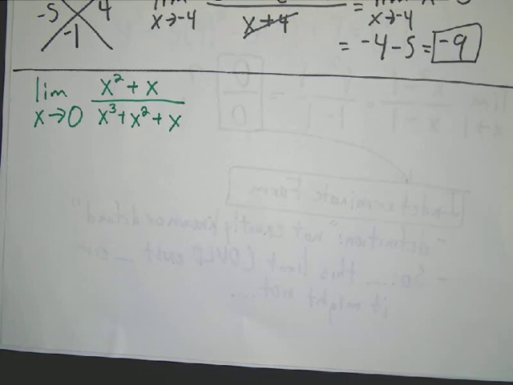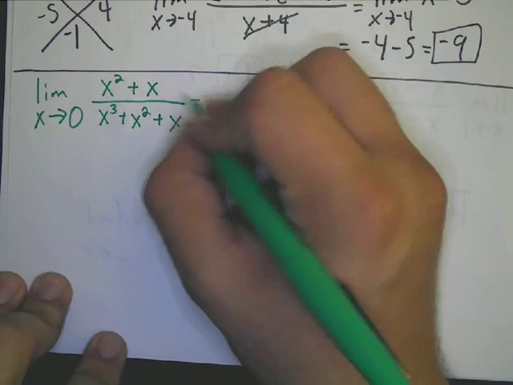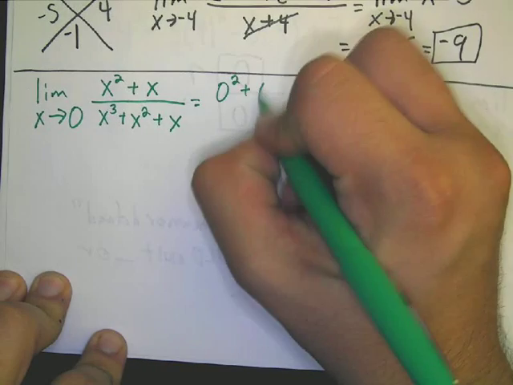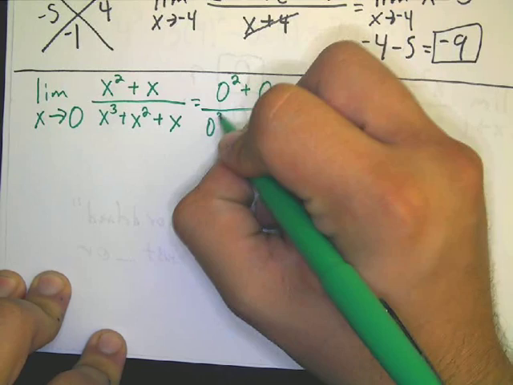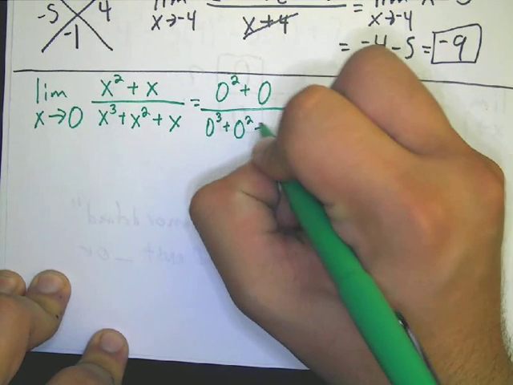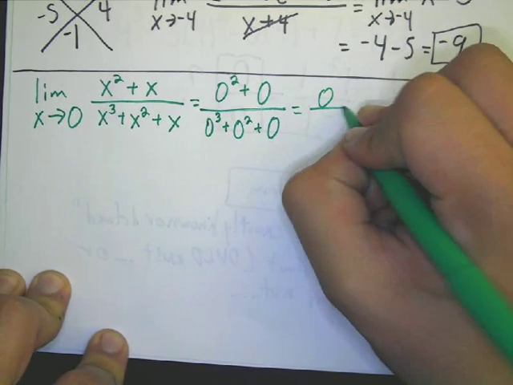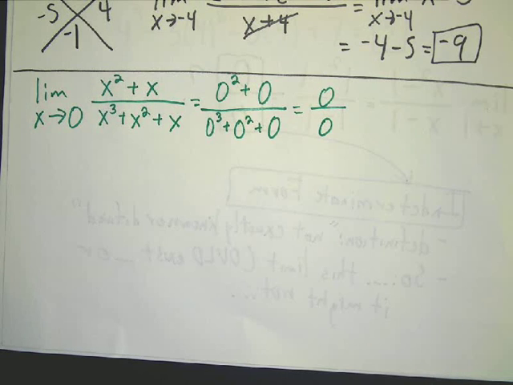So this should be pretty obvious. When I plug 0 in, what happens? Indeterminate. Everything goes to 0, right? So it's 0 squared plus 0 over 0 cubed plus 0 squared plus 0, which is 0 over 0. That's an indeterminate form.